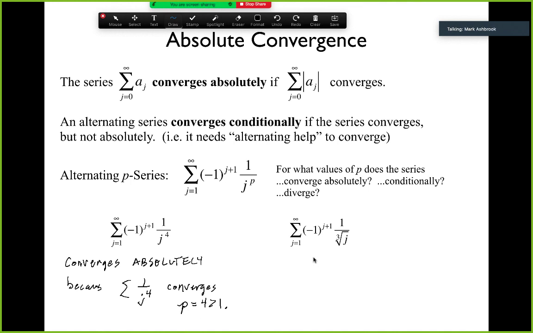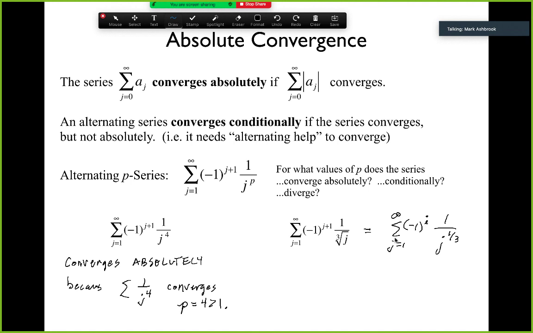Okay, how about this one? So here I have 1 over the cube root of j, which is 1 over j to the 1/3. First of all, does it converge?